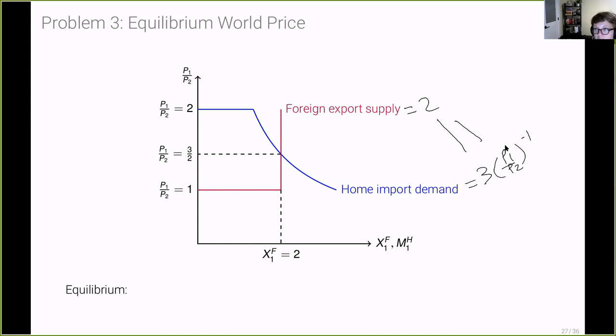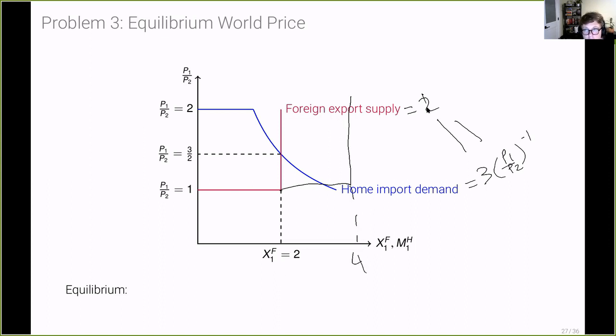However, suppose that foreign's export supply shifts out to here. Suppose it shifts out to 4 units.